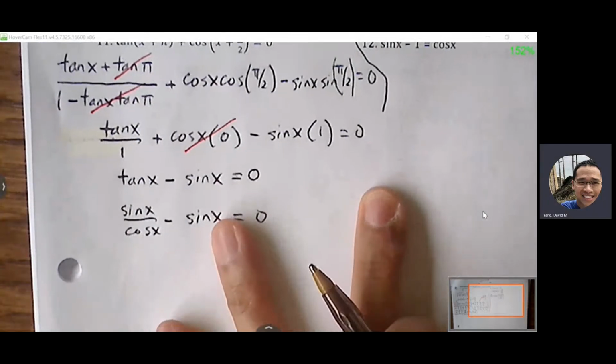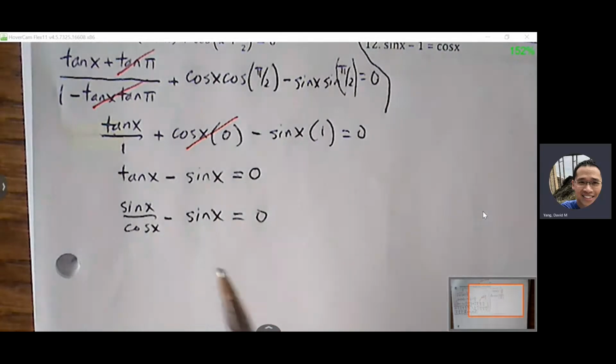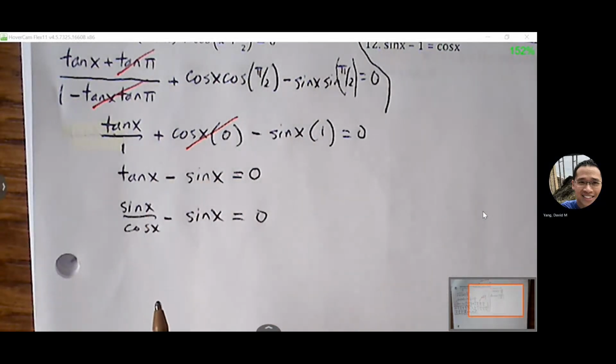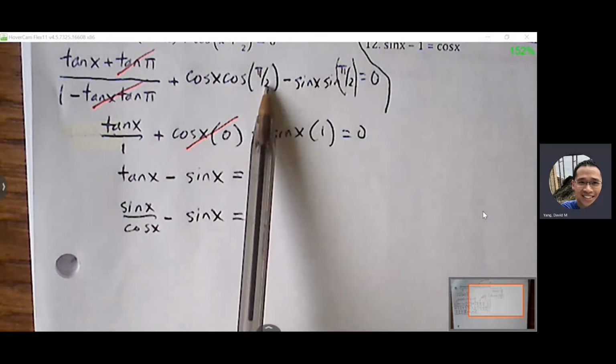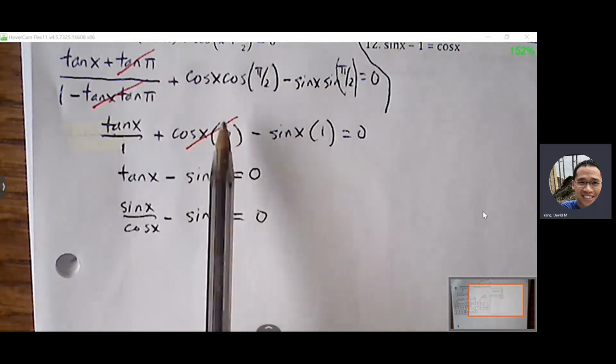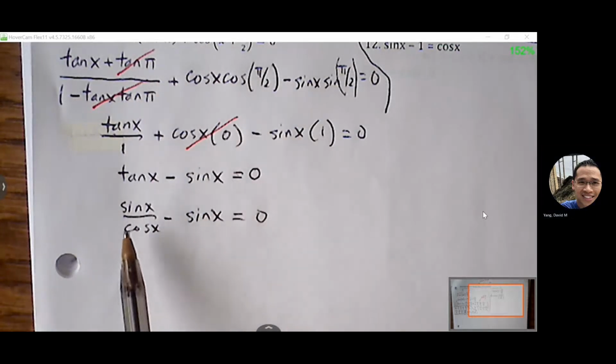We should be able to get all the way down to in terms of sine and tangent, because the cosine of pi over 2 and tangent of pi will wipe out a bunch of things for us.